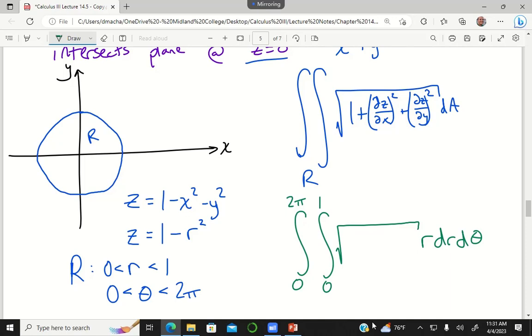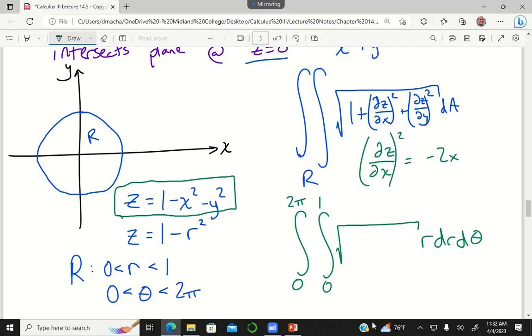This has to be the square root of partial z with respect to x squared, and partial z with respect to x was what? Negative 2x. Okay, negative 2x. And so if I want to square this, then that would be positive 4x squared, right?